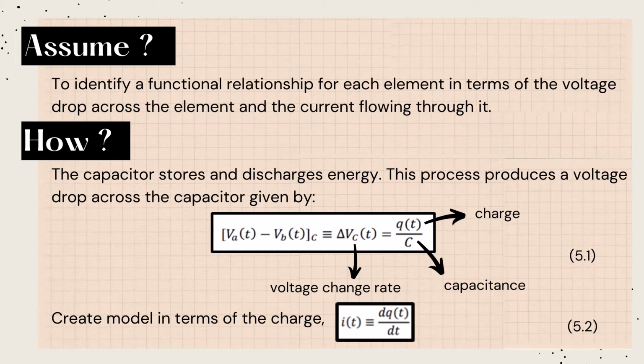This process produces a voltage drop across the capacitor given by equation 5.1. We have voltage change rate, charge, and capacitance. We create our model in terms of the charge Q(t), whose first derivative in time is the current as per equation 5.2.